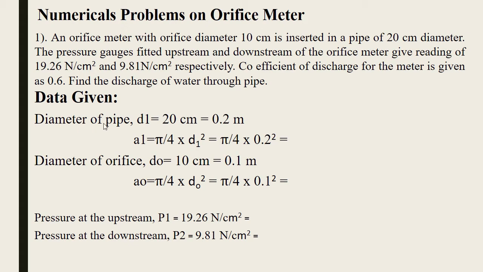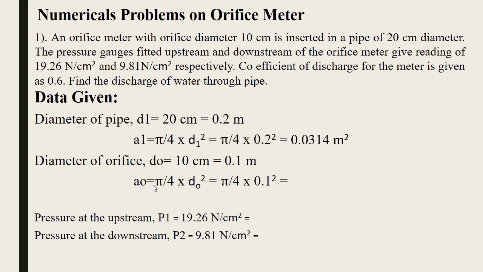So the diameter D1 is equal to 20 centimeter, which becomes 0.2. So A1 is equal to pi by 4 D1 square, that is the cross-sectional area at section 1. So it is pi by 4 into 0.2 square, which is going to be 0.0314 meter square. Whereas the orifice diameter is 10 centimeter, which becomes 0.1 meter.